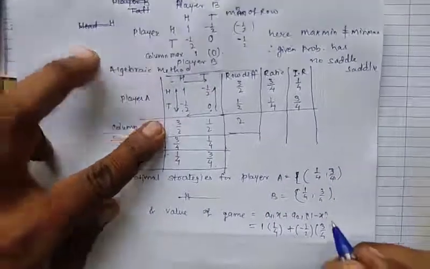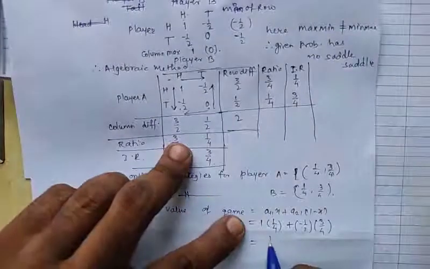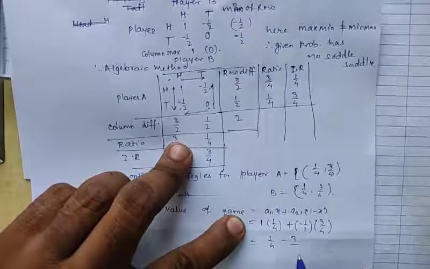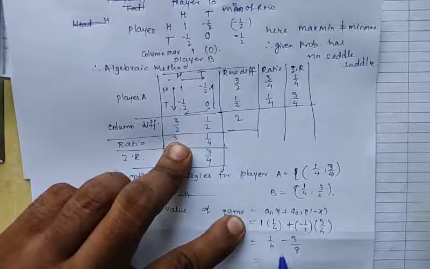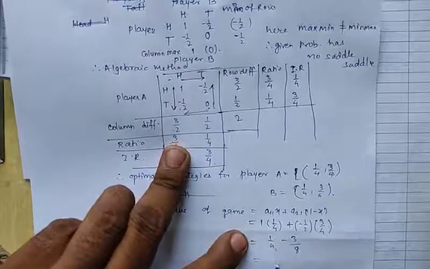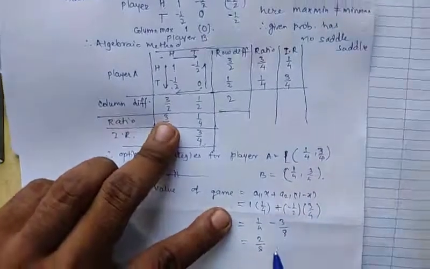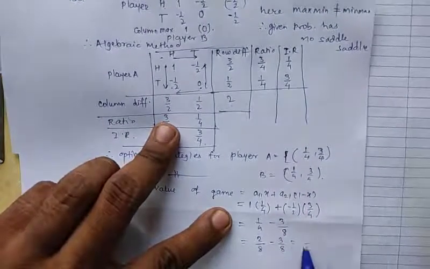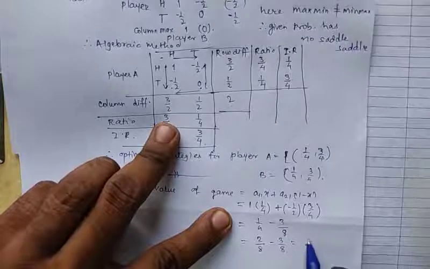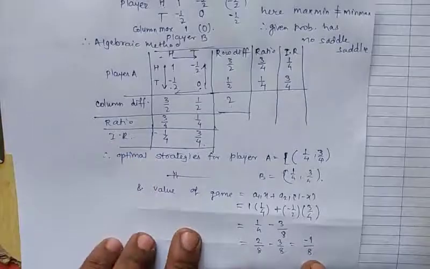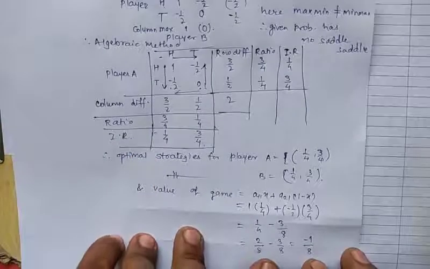So after solving this, we get 1/4 minus 3/8. Making the denominator the same, 2/8 minus 3/8. So we get denominator 8, and 2 minus 3, which is minus 1/8. Therefore, we get the value of the game as minus 1/8.